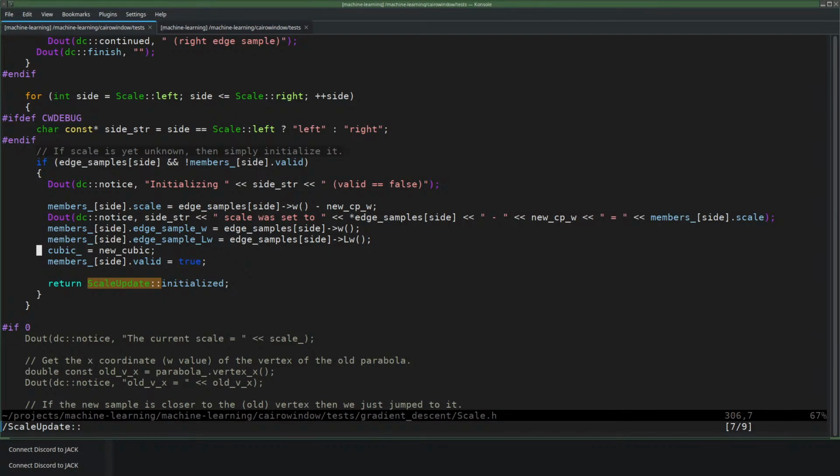The cubic is being assigned here as a result of having a new sample on some side. If I do this, then I have to return. But why would that be correct?